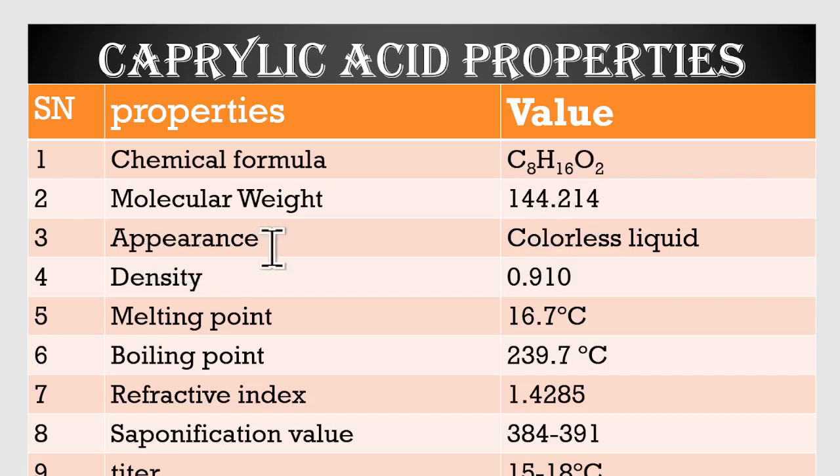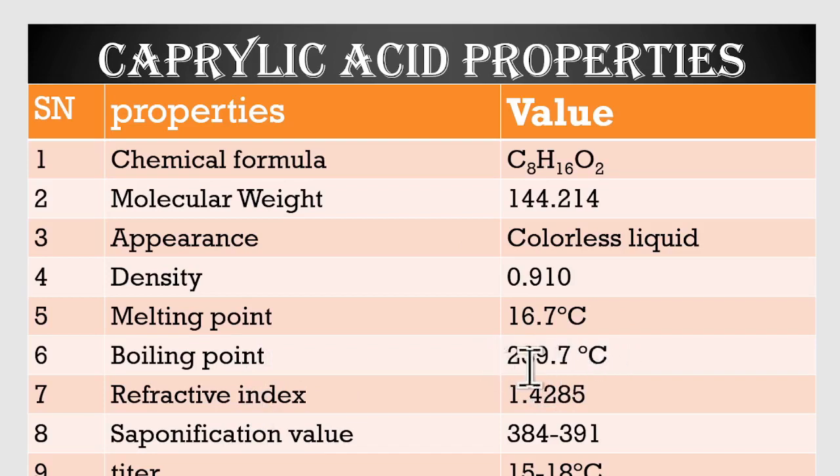The appearance of the fatty acid is a colorless liquid, and density is 0.910. The melting point of this fatty acid is 16.7 degrees centigrade. So at 16.7 degrees it melts, and the boiling point of this acid is 239.7 degrees.